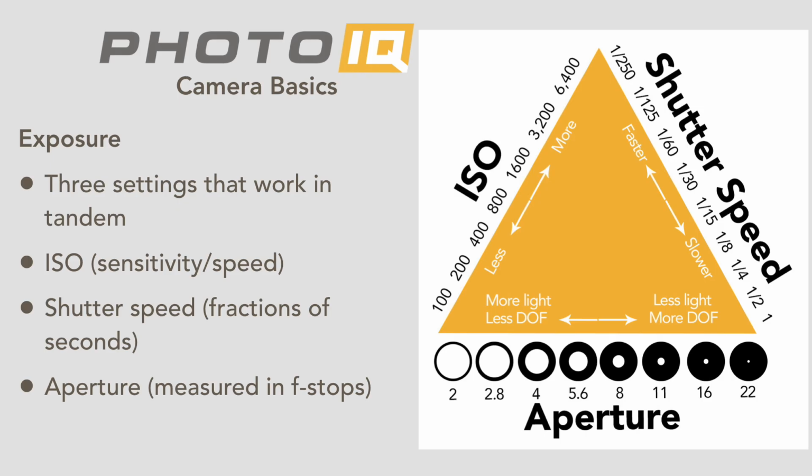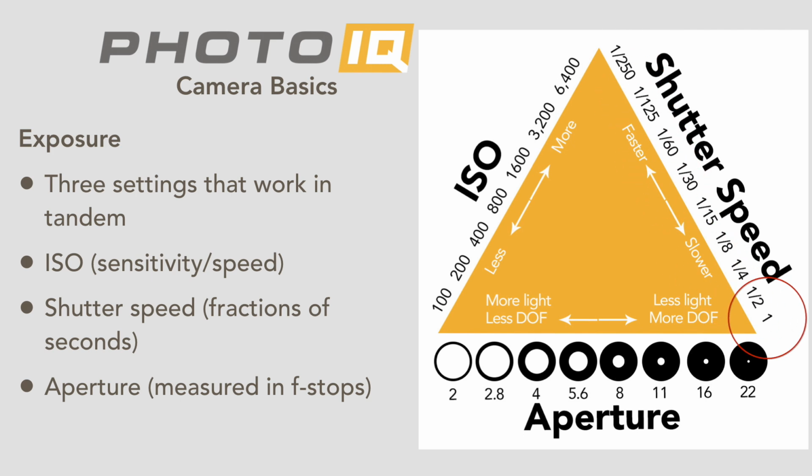The next control on the right-hand side of the triangle is the shutter speed, and that is measured in fractions of a second. At the top of the triangle on shutter speed, it's the faster part, and it's 1/250th of a second. Moving down to the slower part of the triangle, which is 1 second.